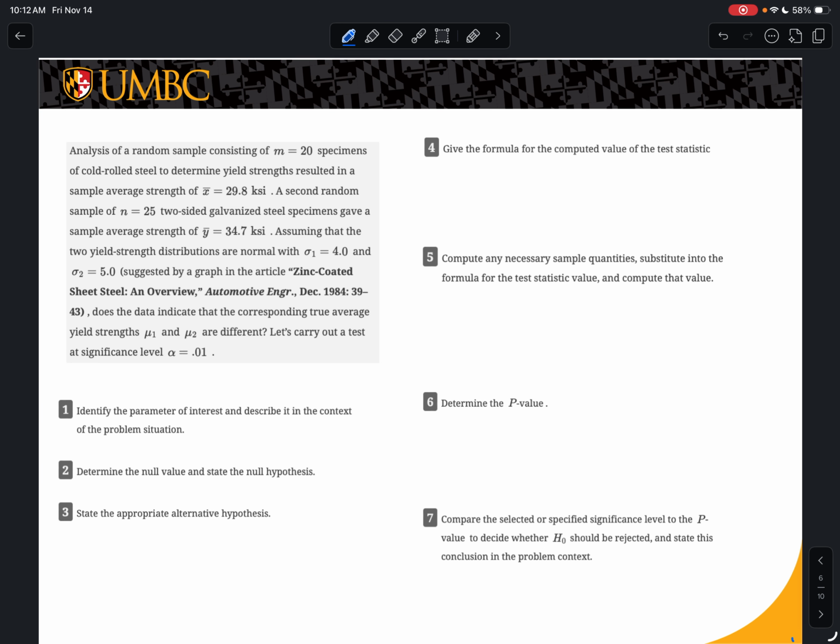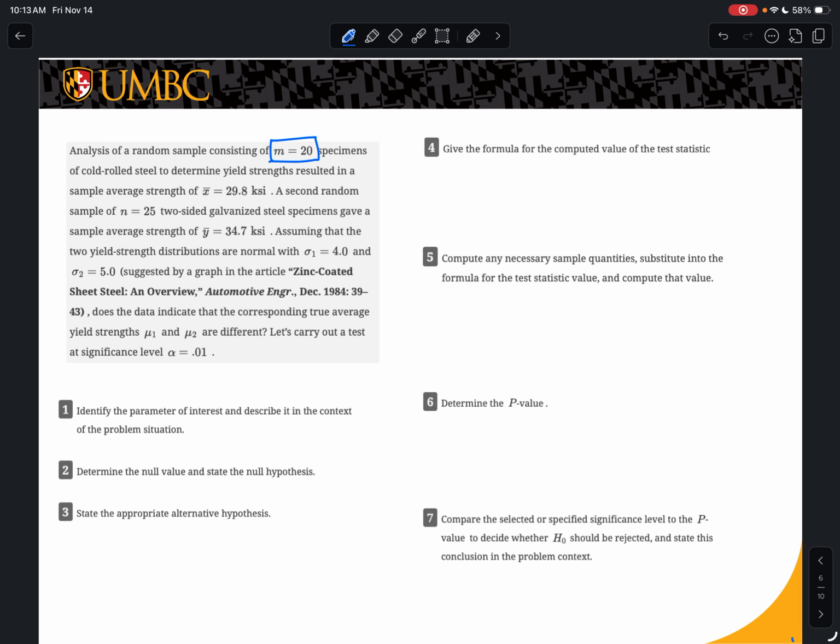Analysis of a random sample containing m equals 20 specimens of cold rolled steel. Okay, so we have 20 cold rolled steel. Already I can see I've got something that's going to be useful to me, and that's the sample size of the first sample, or the first population has a sample drawn from it of sample size 20.